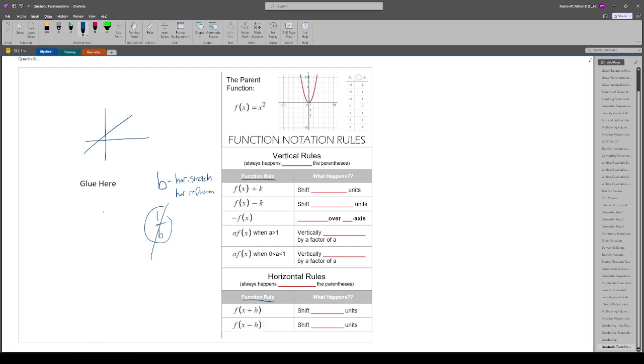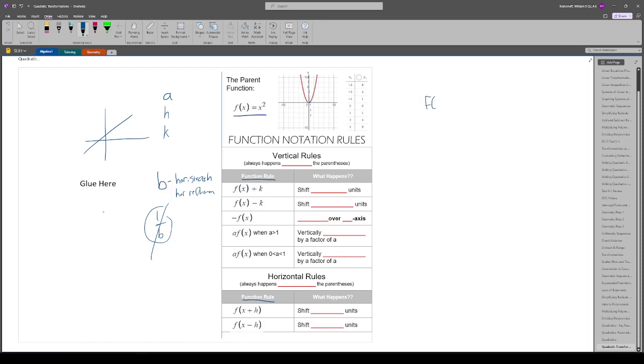So that only leaves us with A, H, and K, which are the same kind of transformations that we dealt with lines. Like linear functions, we start with a parent function, f of x equals x squared, and then we apply rules to it in order to transform it. For example, our first function rule here, f of x plus k.